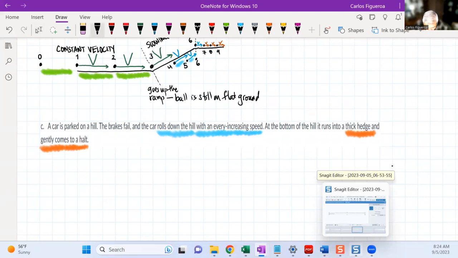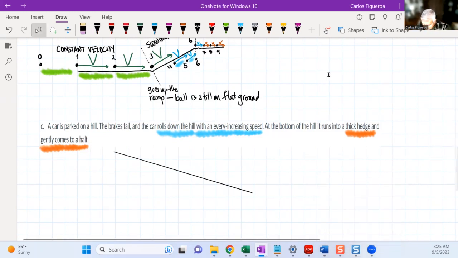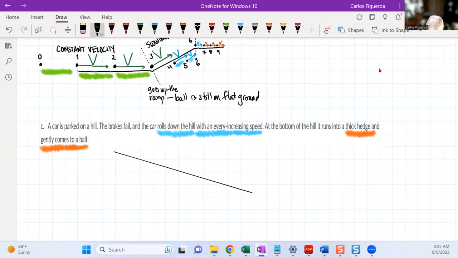And so I'm going to say that right here is this incline that I'm thinking about. I'm just using that as a guide here and not anything else. So here I go. Here's my first dot. My first dot is 0. And we know that right here this is at rest. The car is at rest. Okay, so the car starts off at rest.